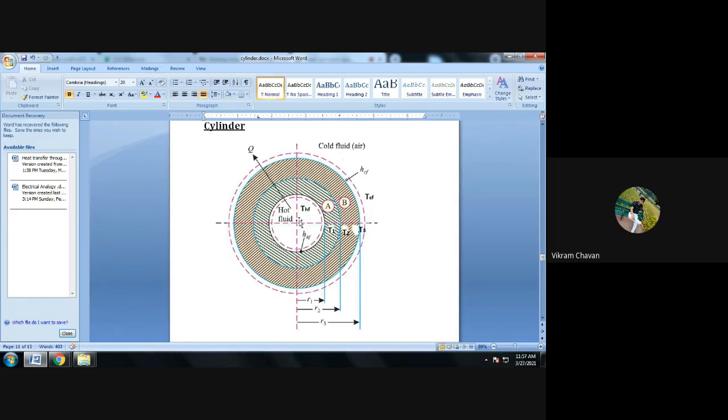From the internal hot fluid, heat will transfer to the internal surface of A cylinder. That will be considered as convection heat transfer.